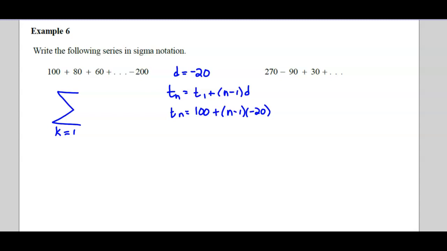If you don't, it looks like you're subtracting 20, which is not what it is. Simplify in here, so you're going to get negative 20n plus 120. You can show it 120 minus 20n, even though that's not descending order of degree. It's actually fairly common to show it that way. Now, I'm not going to put n in here. I'm going to replace n with k, because that's my index. So I'm going to go negative 20k plus 120.